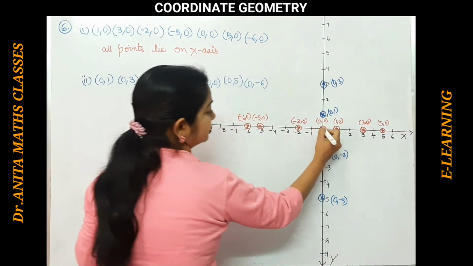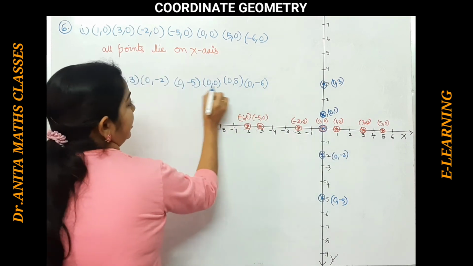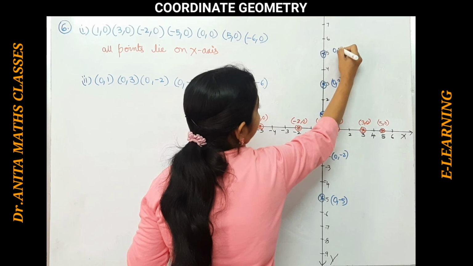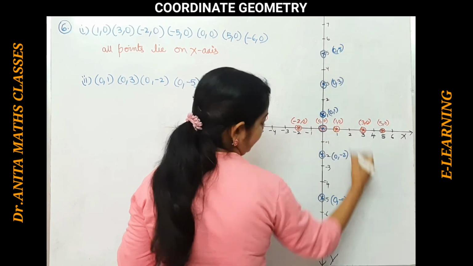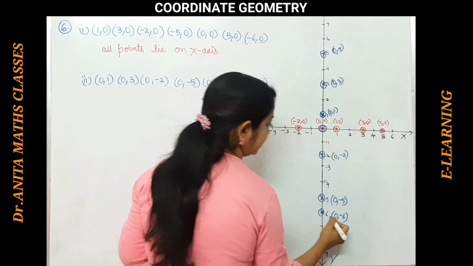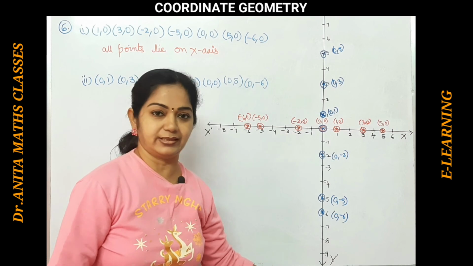And 0 comma 0 again here, and 0 comma 5 here, and 0 comma minus 6. So what we observe here? We observe that all the points are lying on the y axis here.